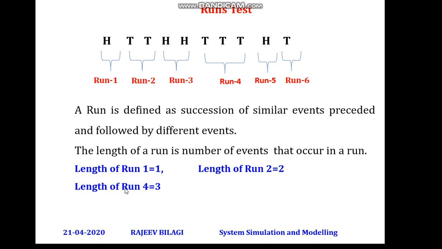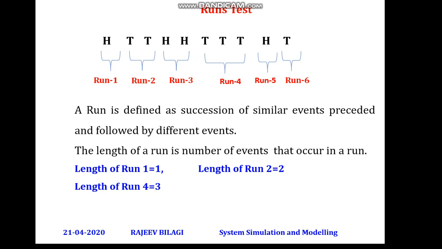Similarly, for run 4, there are three T's, so the length of run 4 equals 3. Like this, for all the random numbers, you are going to find the different runs and the corresponding length of each run.